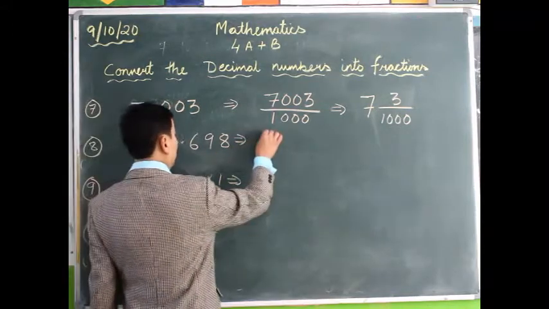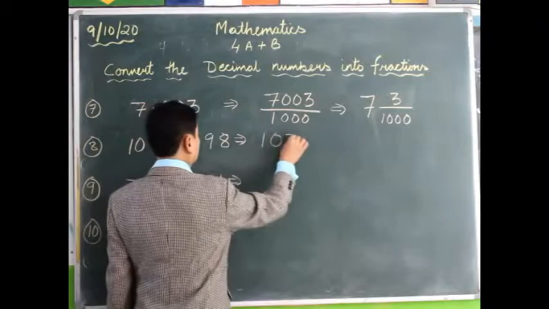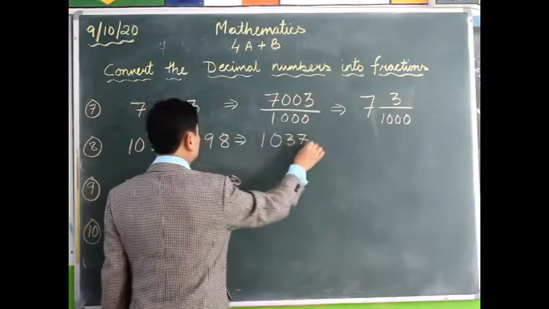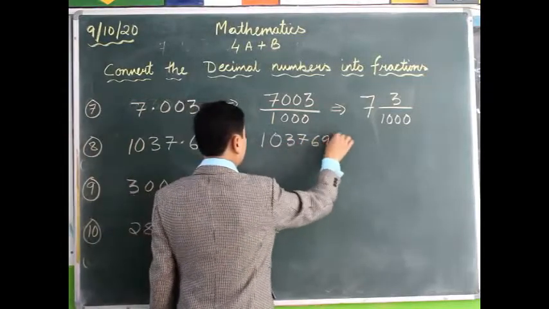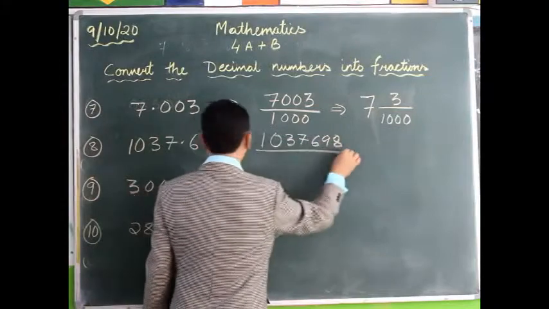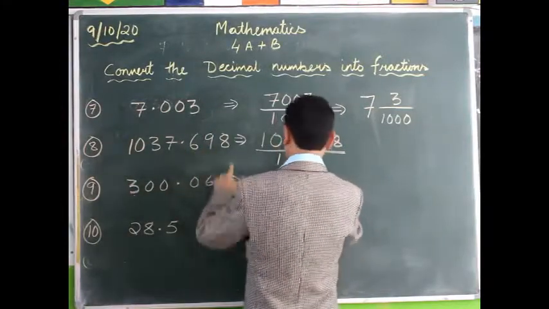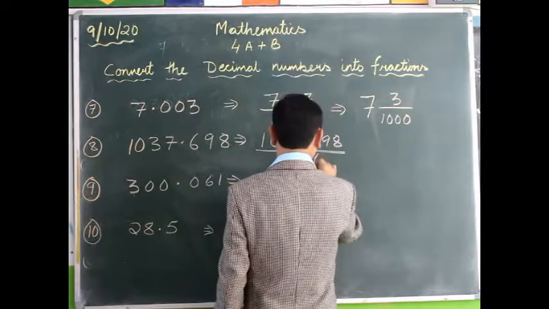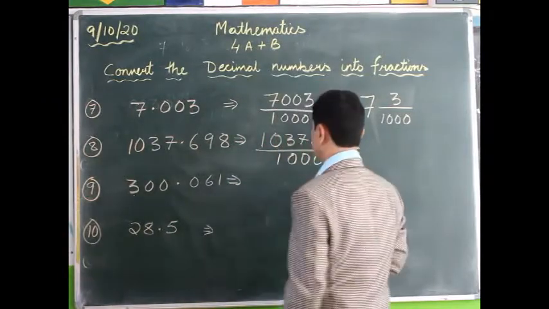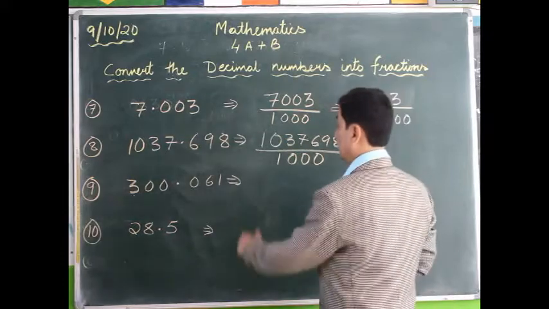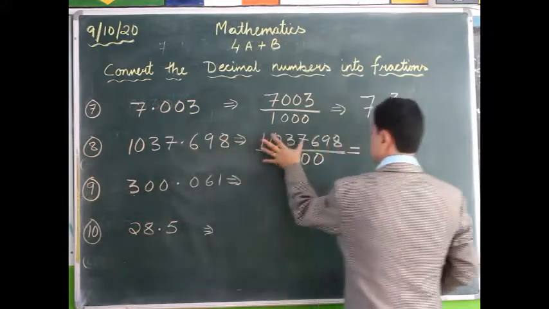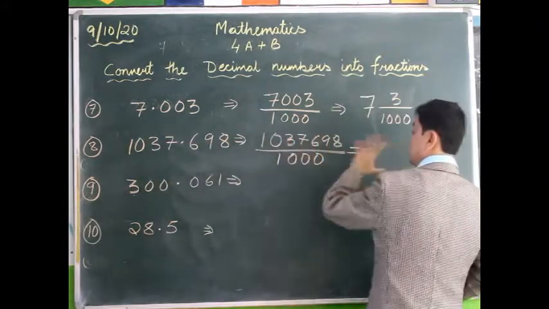So we have 1037.698. Let's write all that number: 1037 without the decimal point, 698 upon 1000. Got it? So what do you see? Let's convert this improper fraction into a mixed number.